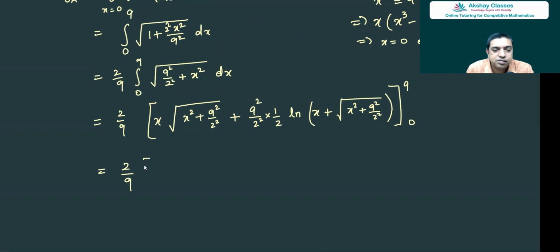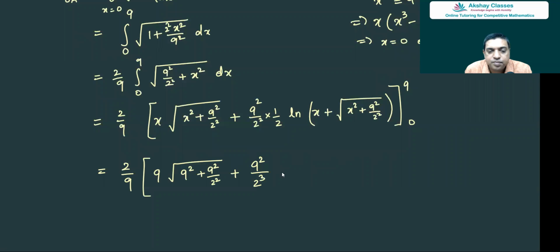Two by 9 times the integral. Substituting, you get 9 under root of 9 square plus 9 square by 2 square, plus 9 square by 2 cube. We'll simplify this.